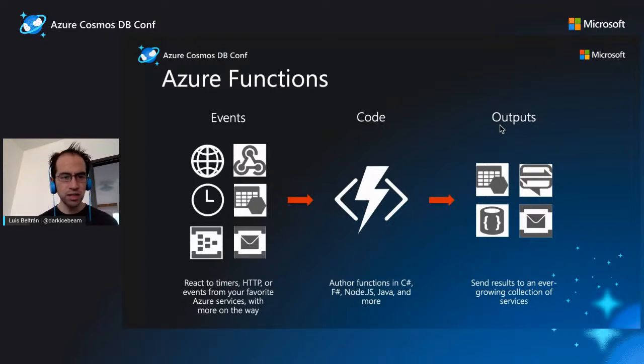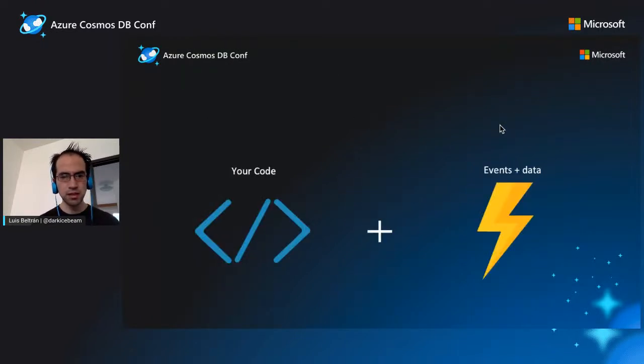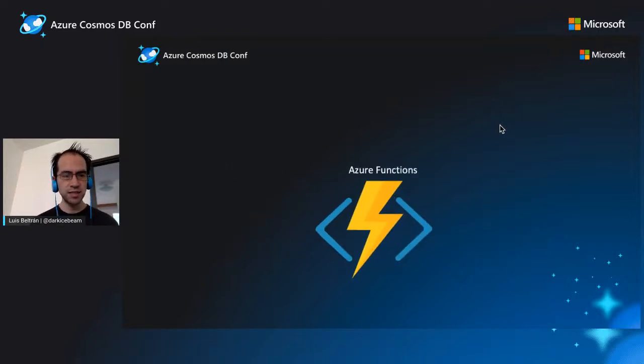So you can directly connect, for instance, to Cosmos DB, which is the main topic of today's session. You can also connect to blob storage service, table storage, or even send email after some processing. So your code plus events is Azure Functions, basically.